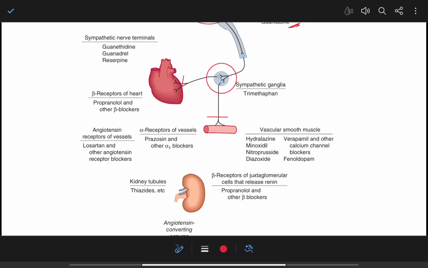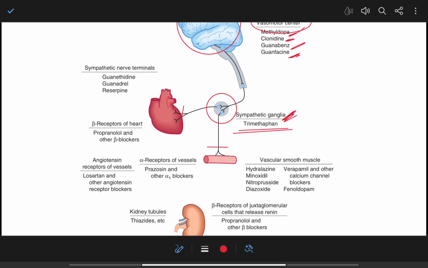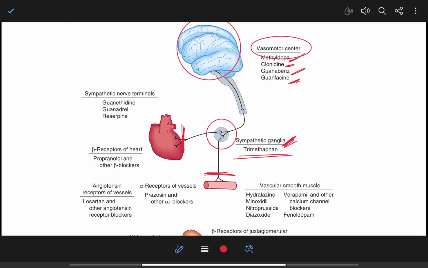We also have the ones that act on the nerves, which inhibit the release of the neurotransmitter on the nerves. That's where you have sympathetic nerve terminal drugs, the ones that act at the sympathetic nerve level. We have guanethidine, guanadrel, and reserpine. So all these drugs I've been mentioning are sympathoplegic agents acting on different levels.